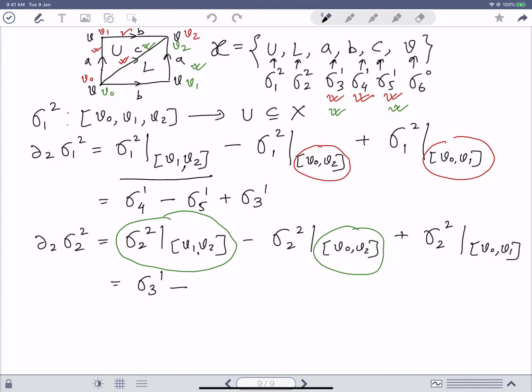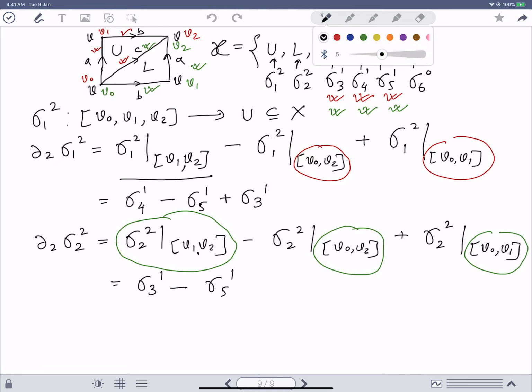So we have minus sigma 5. Okay, and then we have v0 v1. So v0 v1 means, look at the picture, it is B. B means sigma 4, right? So we write here plus sigma 4 1.